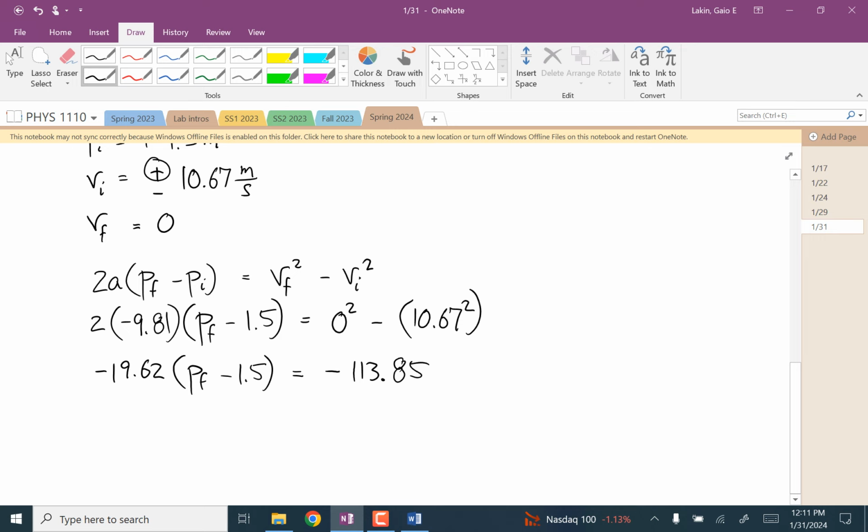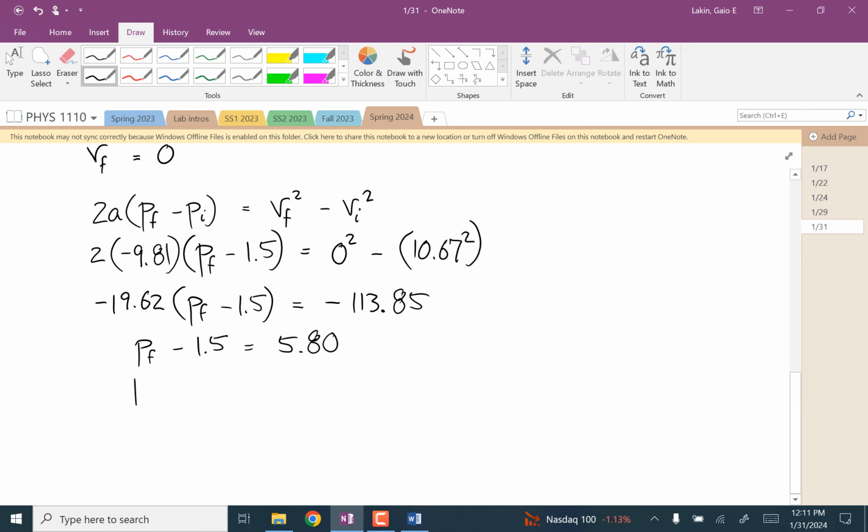Now I'll divide both sides by negative 19.62, and we get PF minus 1.5 is equal to 5.80. And now add 1.5 to both sides, and you get 7.30 meters.